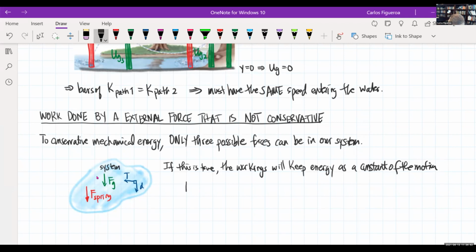In other words, when I look at all possible situations with how the system's going to adjust, this mechanical energy, regardless of what iterations actually happen within the system, will always be a constant. And that's exactly what we want.